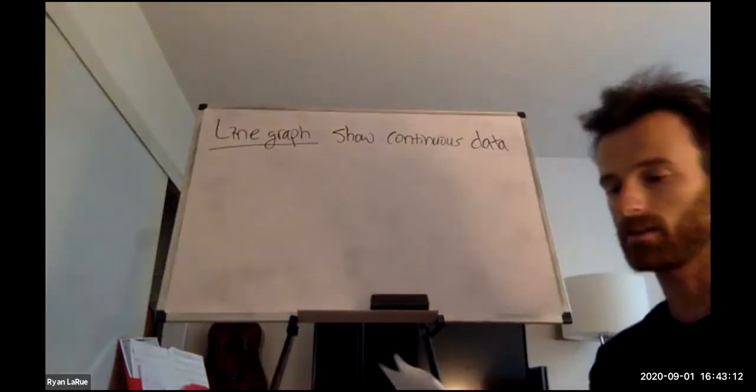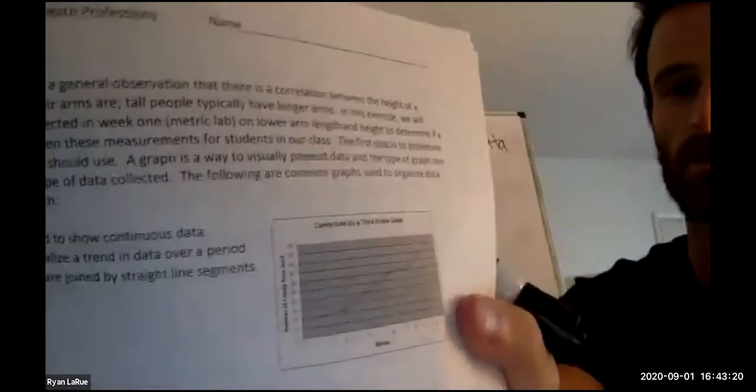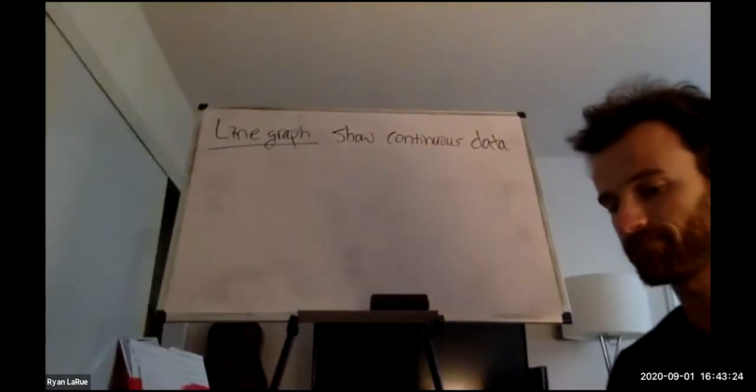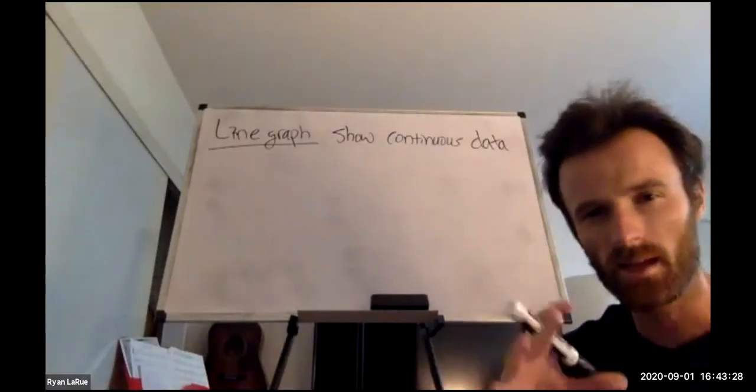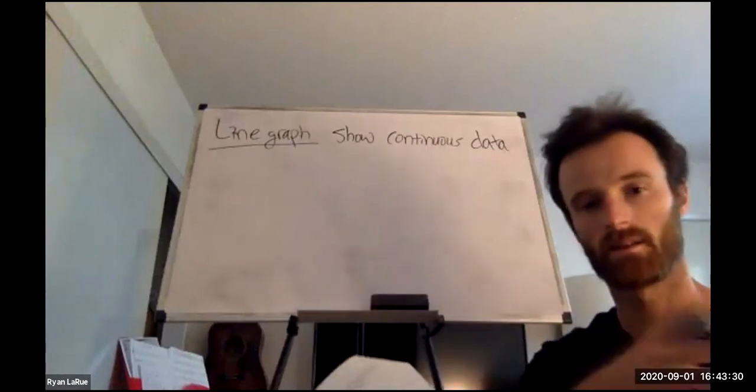The example shown here is candy sold by a third grade class over a number of weeks. So there's your line graph. Line graphs are almost always going to be a continuous data set over time.